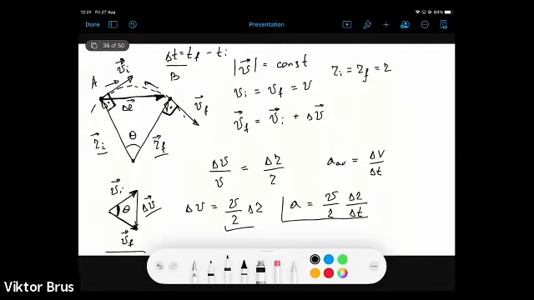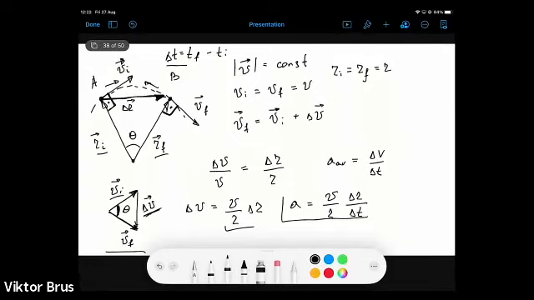Also, if we push these points A and B very close to each other, then the angle theta between position vectors, and between initial and final velocity vectors, will approach zero. If this approaches zero, then the angle between the velocity vector and the change of the velocity vector, delta v, will approach 90 degrees.